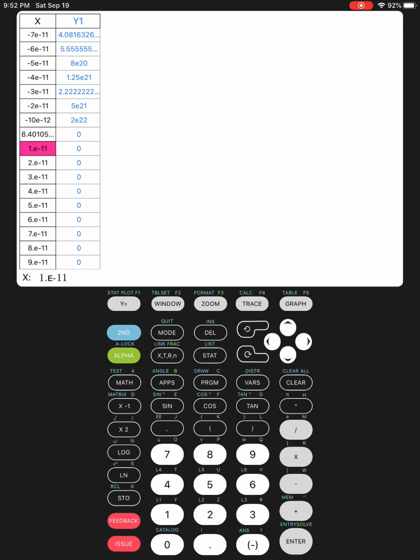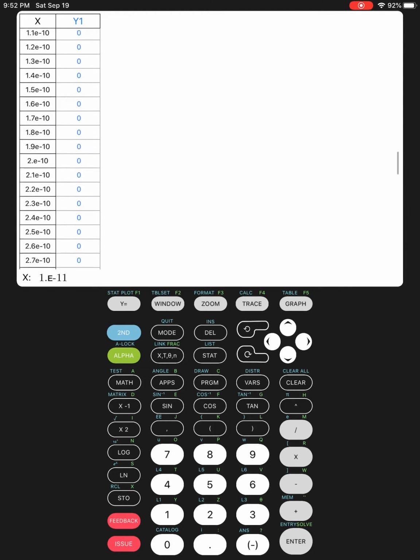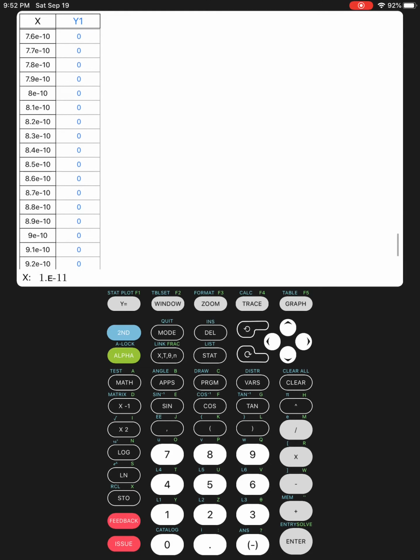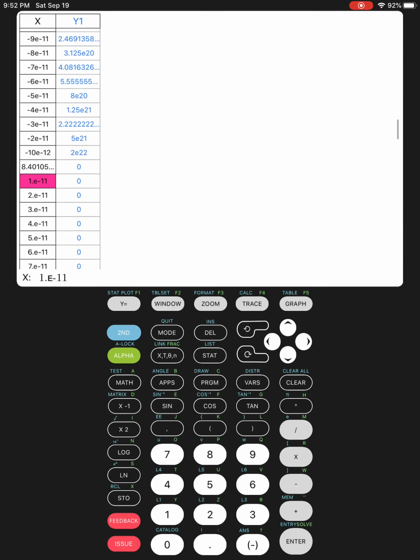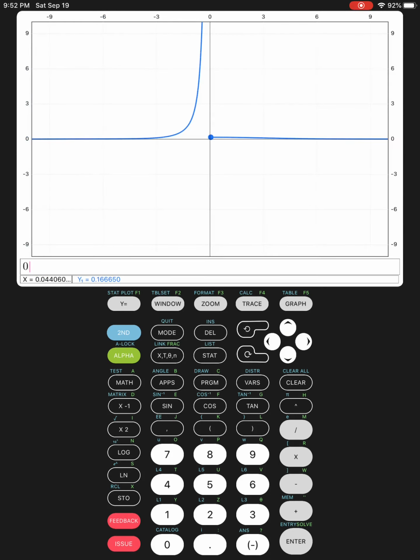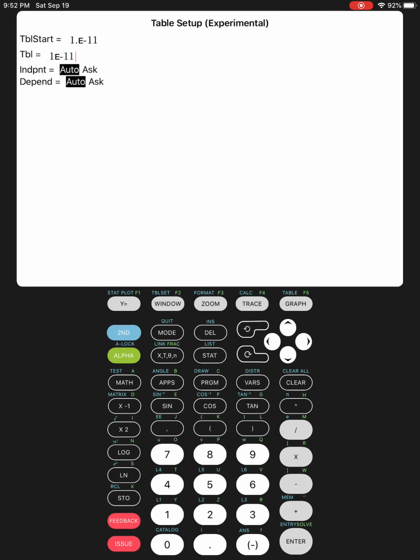Remember, this one is a decimal point followed by 10 zeros followed by a 1, because we're moving the decimal point 11 places to the left. So this is a very, very small number, and we get 0 here even, right? So it looked like it was going to 1/6, but apparently it's going to 0. That seems strange.